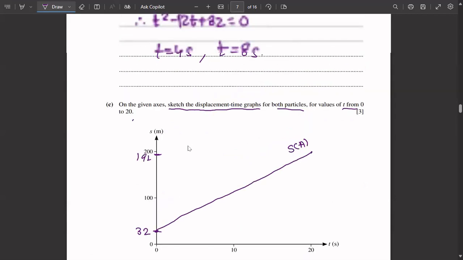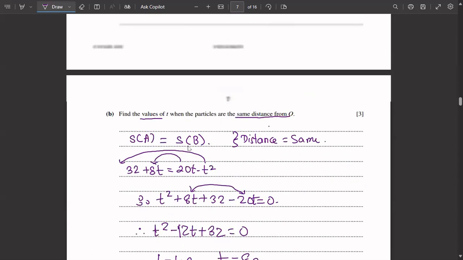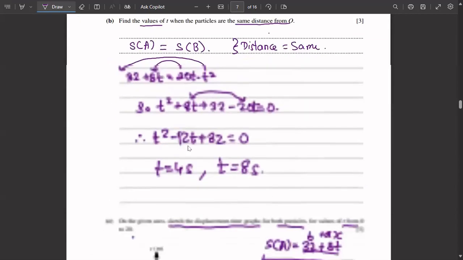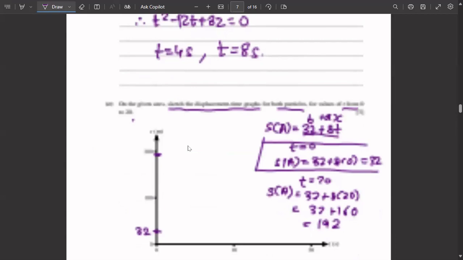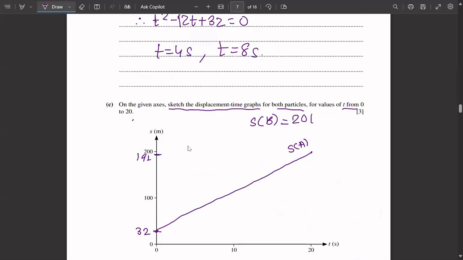So initially, what is the displacement of B? It is 20t minus t square. So when will the displacement be 0? It will be 0 at 20t minus t square. So 0 equals t(20 minus t).